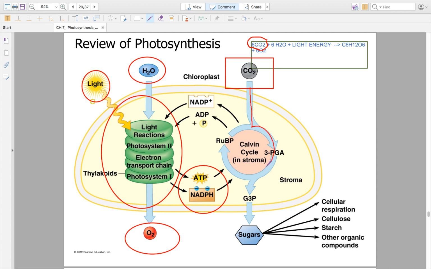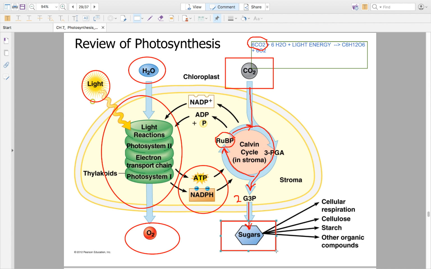Ultimately, we get to G3P. 2 G3P will make our glucose. And this is a cycle, so it begins and ends with RuBP. Okay, so there's our glucose right there.